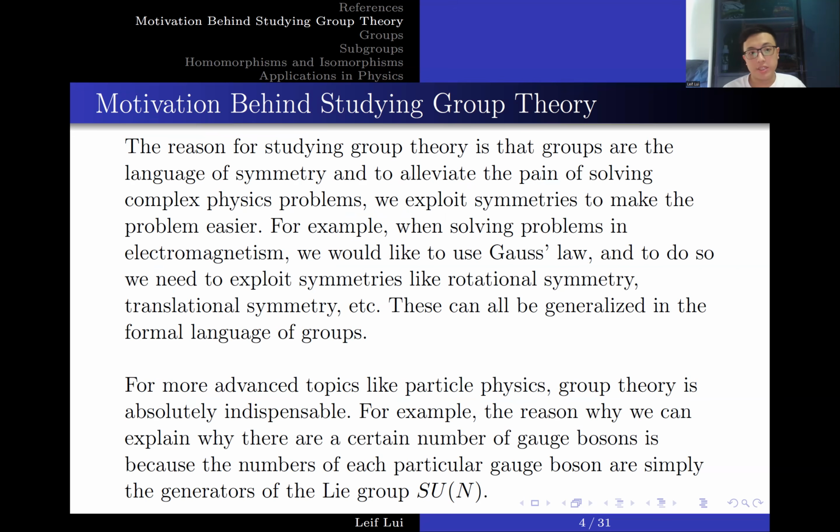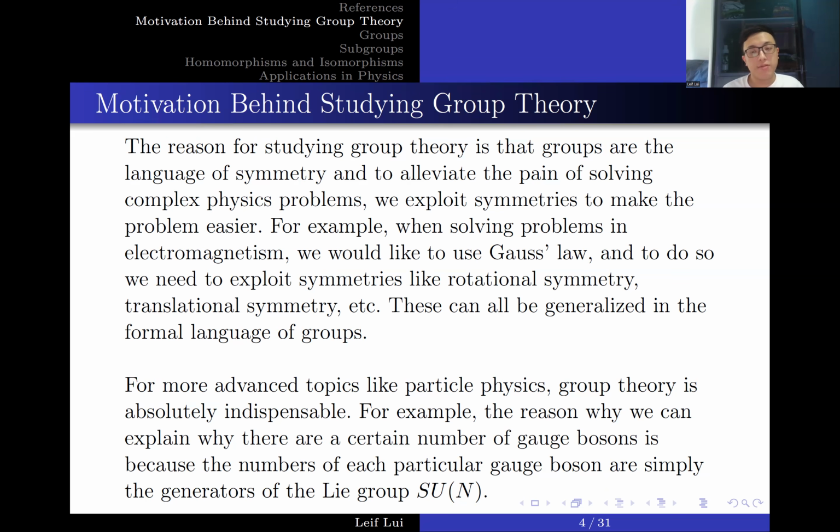easier. For example, in electromagnetism, we would like to use Gauss's law. This is probably something you're more accustomed to, right? In your first or second year physics class, you would exploit geometric symmetries in order to solve for the electric field, the electric potential, etc. To use Gauss's law, we exploit some kind of symmetry.